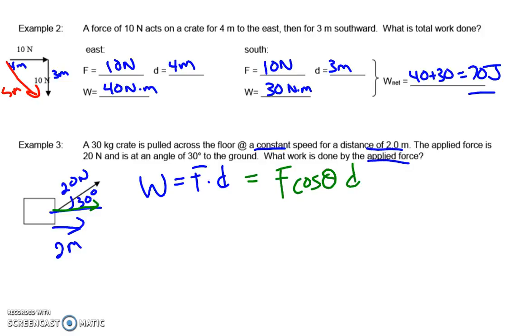That's the only thing that's different about this. So we would have 20 newtons times the cosine of 30 times 6 meters. I'll leave that to you to work out. I think cosine of 30 is 0.87, so 120 times 0.87 is roughly 100 joules. Verify that for yourself. That concludes this. We'll do more practice in class.